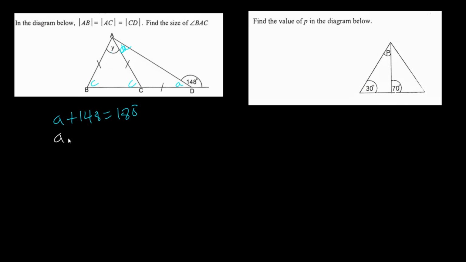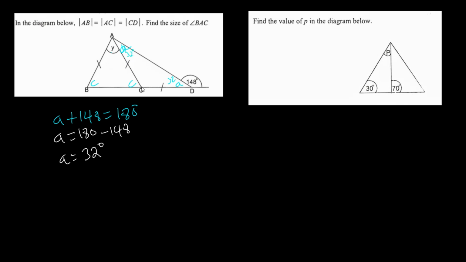Now A is equal to 180 minus 148, which is 32 degrees, which means that over here you have 32 degrees, and the same thing applies here. Here is also 32 degrees.